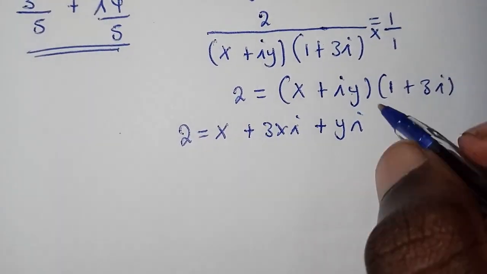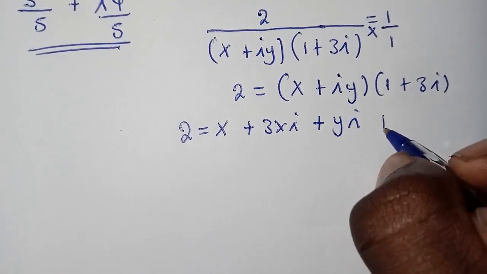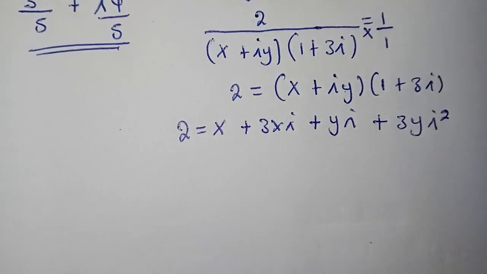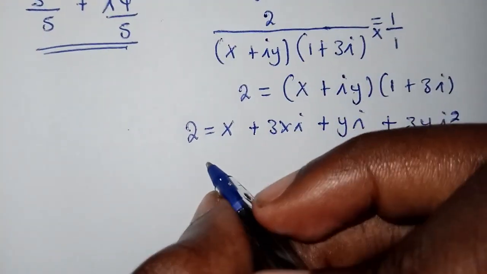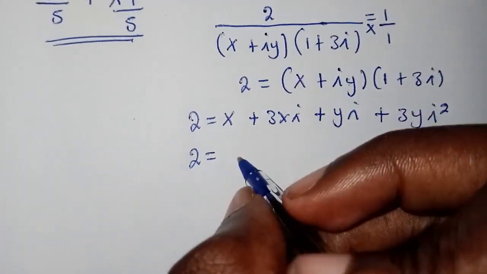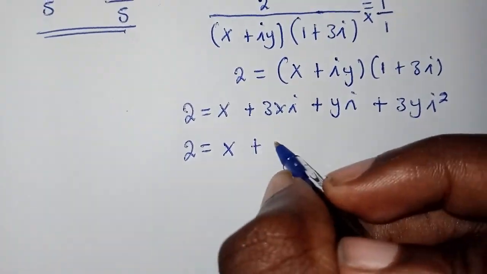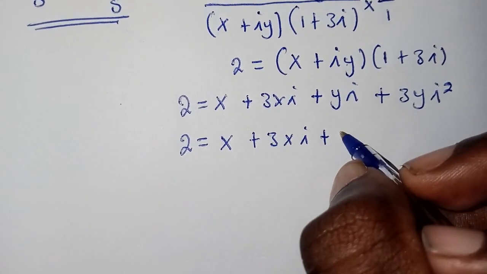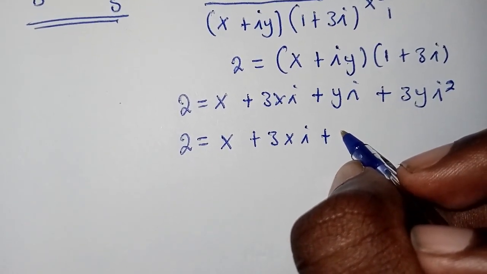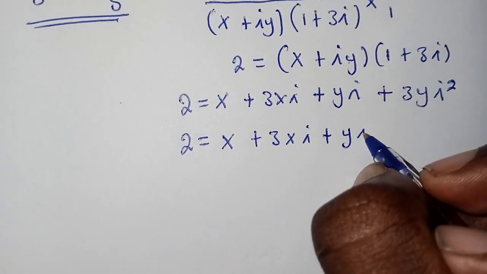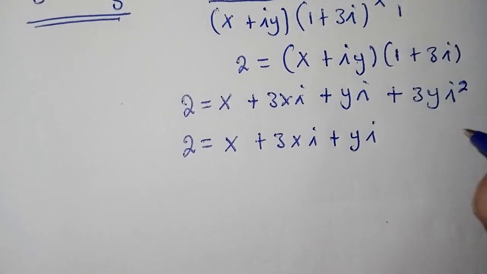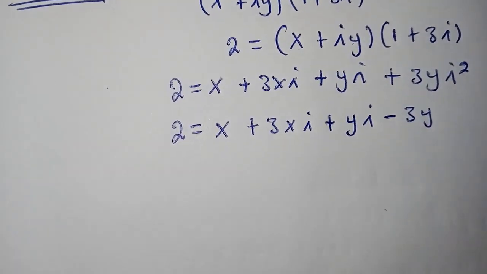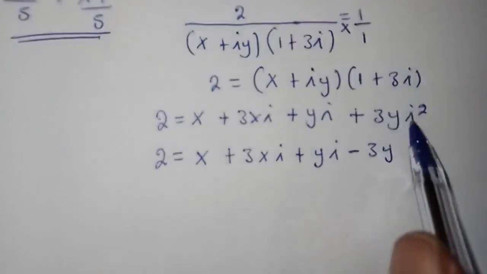Then iy multiplied by 3i, we're going to get plus 3i squared y. Of course, this is just the same as x plus 3xi plus yi, and this is just going to be negative 3y, because we know that i squared is negative 1.